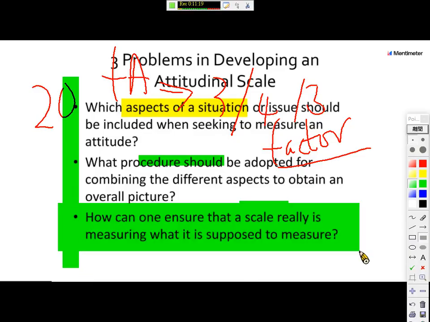Validity, what is the meaning of validity? With validity, we ask one important question: is this measurement able to collect the data that we would like to have or not? For example, if I want to collect your height and I use a height scale, it is a good, valid tool, right?